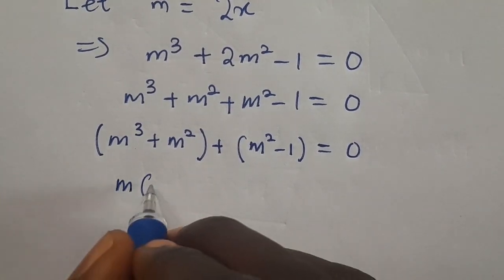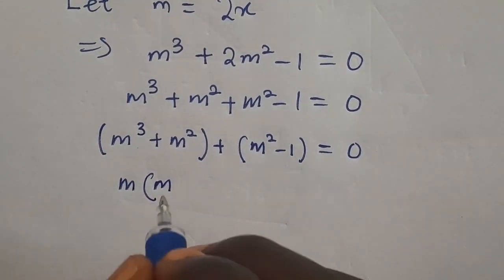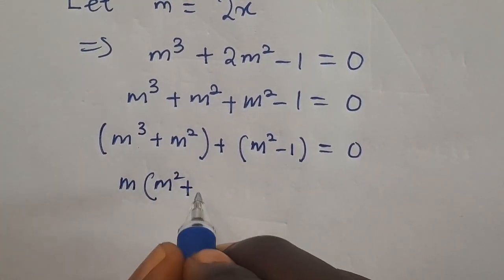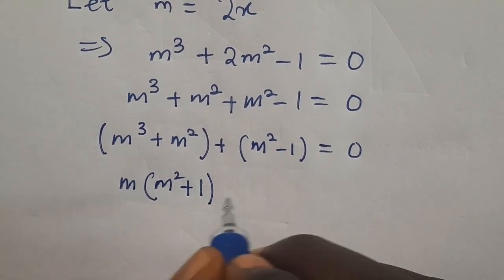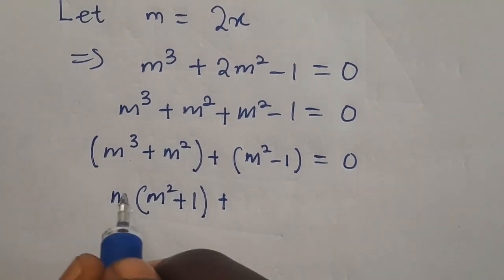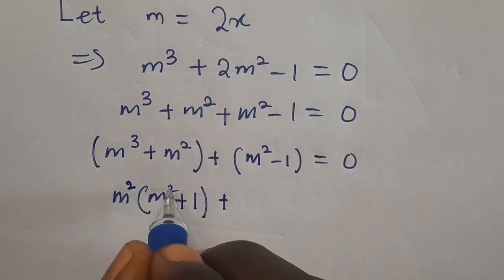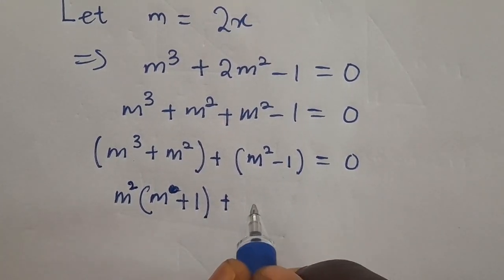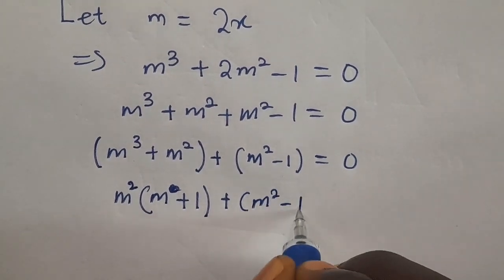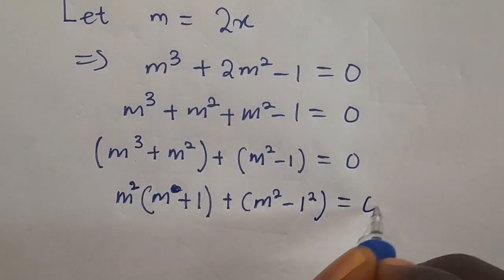M cubed divided by m squared is m, and m squared divided by m squared is 1. So when we factor m squared out, here will be m plus 1. Now we have this one to be m squared minus 1 squared equals 0.